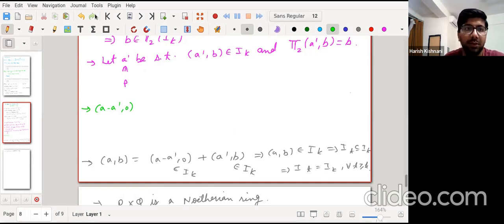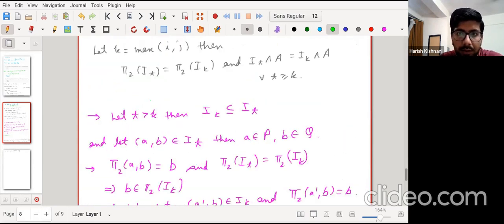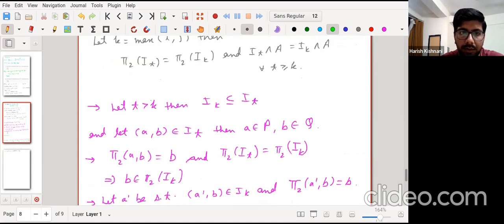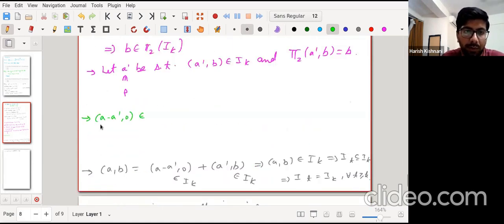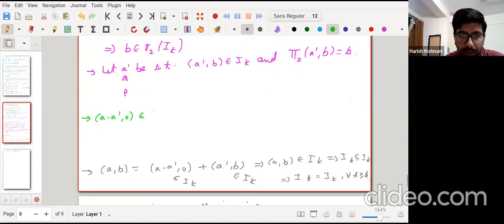Okay, so this is inside. How are we taking it? So both of these elements are inside A, right? A minus A dash, comma 0. Yes, sir. Okay, so this has to be inside.